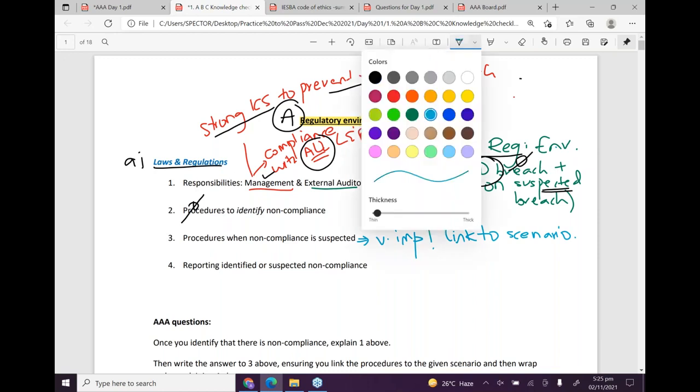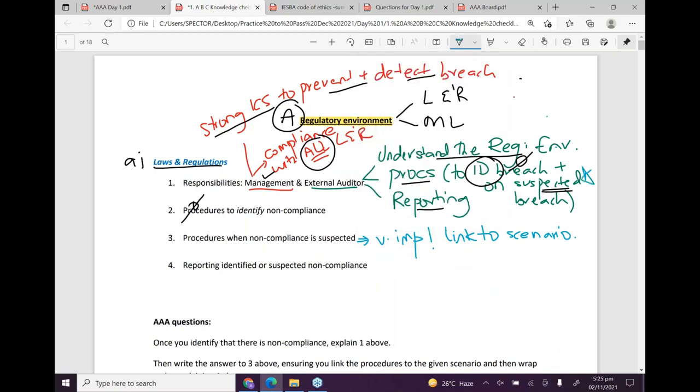In the question, once you identify suspected breach, this is where you're going to get most of your marks. As an auditor and as an AAA student, there are certain procedures that you have to perform to identify how big that breach is and what the impact is going to be.